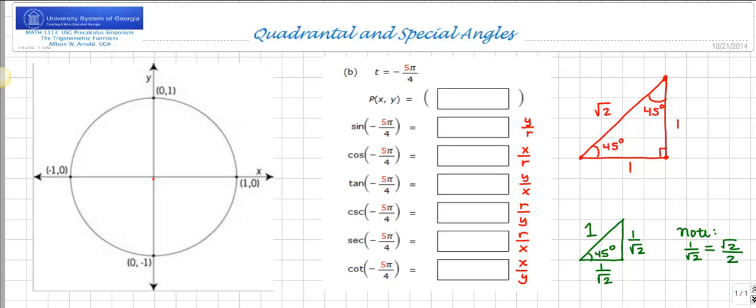Okay, we've been looking at special triangles. We've been looking at angles in degrees and in radians. We've been looking at angles in standard position.